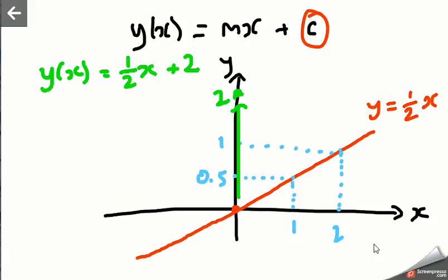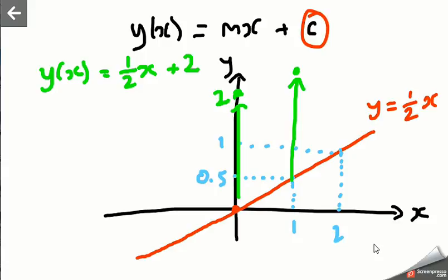Similarly, when x is equal to 1, y of x is equal to 2.5, which is the same as 0.5 plus 2. So again, this point has been shifted up.